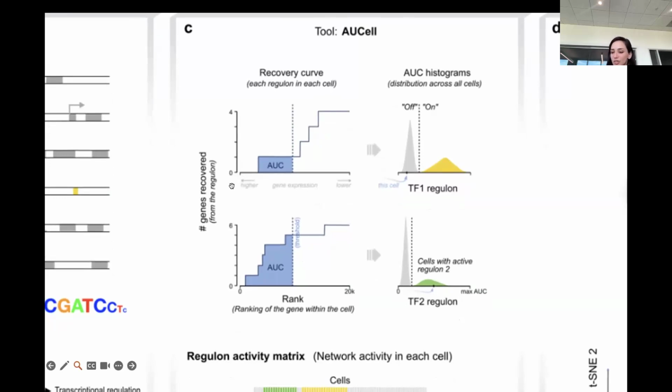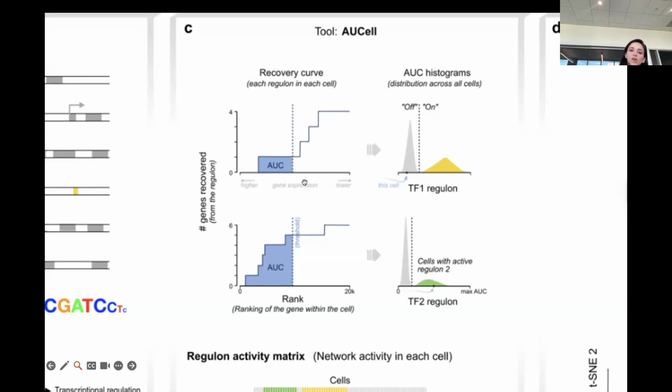The regulon is the transcription factor and the target genes that it's affecting. They're showing 4 and 6 just for demonstration purposes, but it's a way of showing how confident they are that the regulons they find are real, because before finding the genes in the regulon, they rank the genes based on their gene expression. On the bottom, you have 20,000 genes, ranked based on how highly they're expressed.